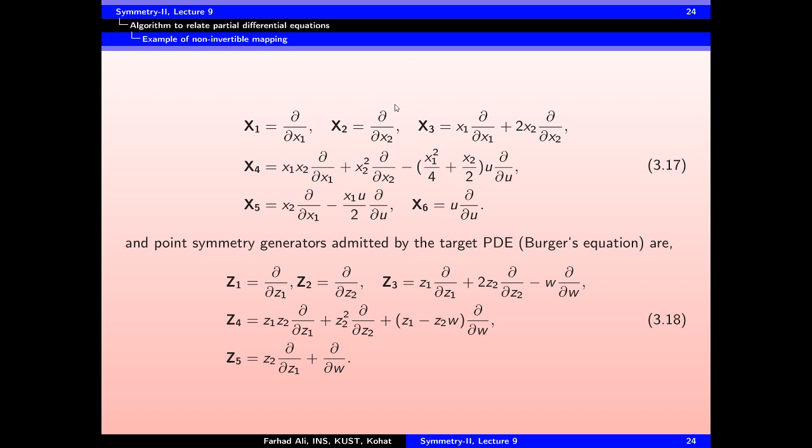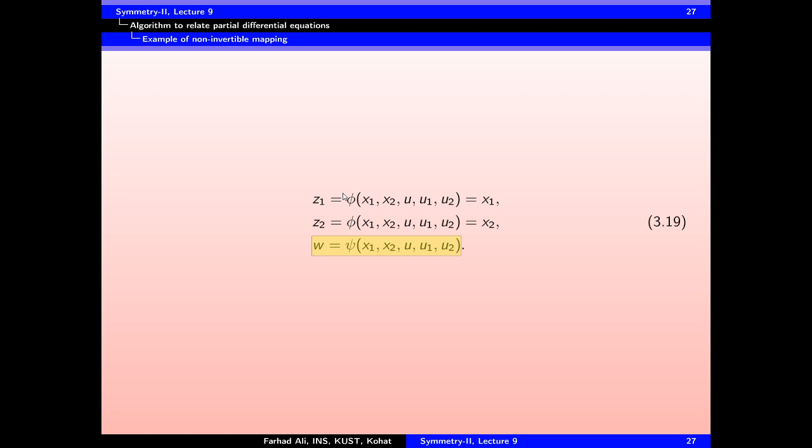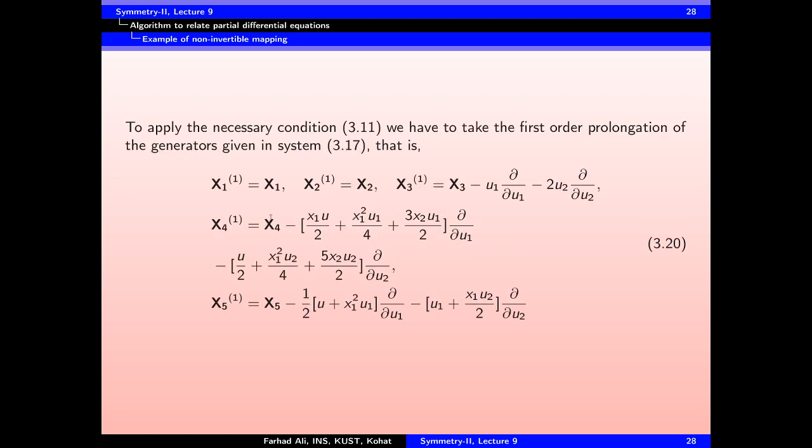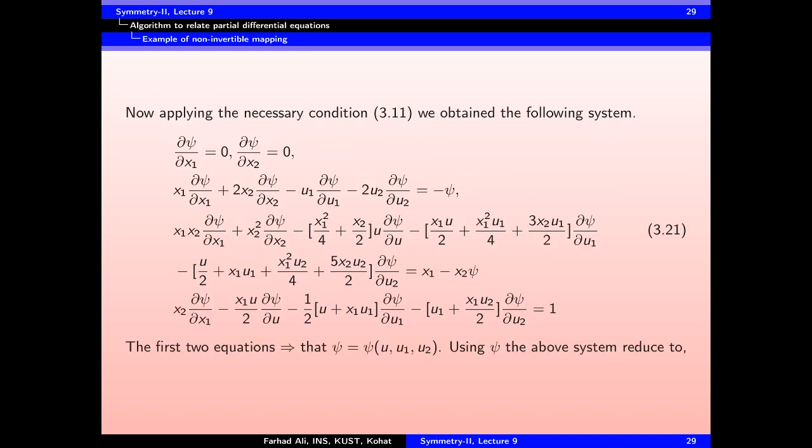We need prolongation over here, and I think the first prolongation. That is why we find the first prolongation of all the generators in the given space, and we leave the second.